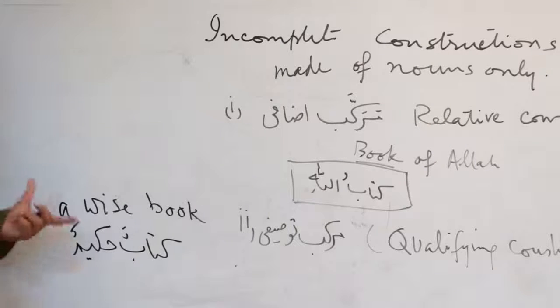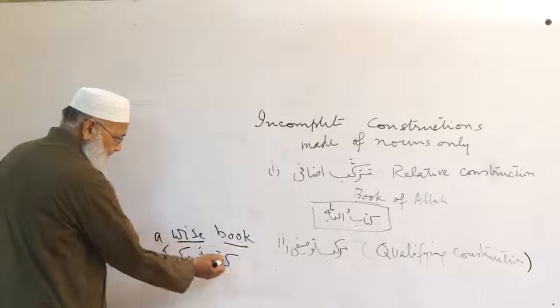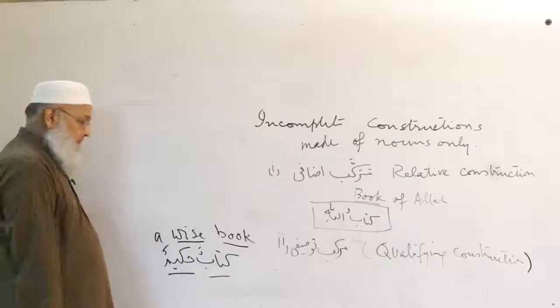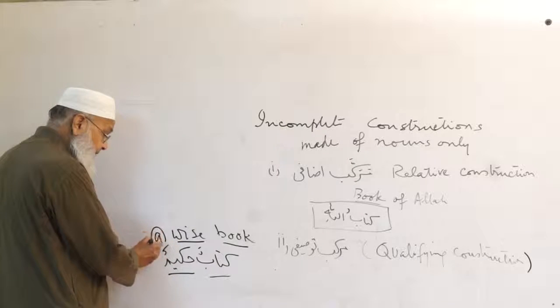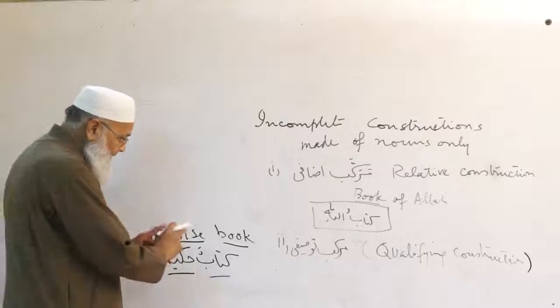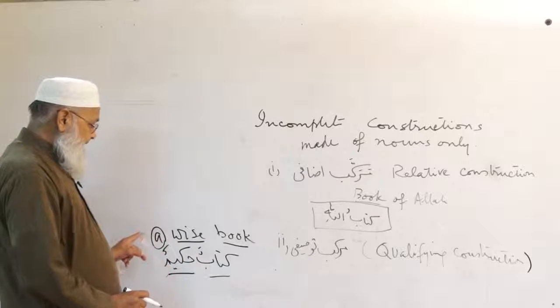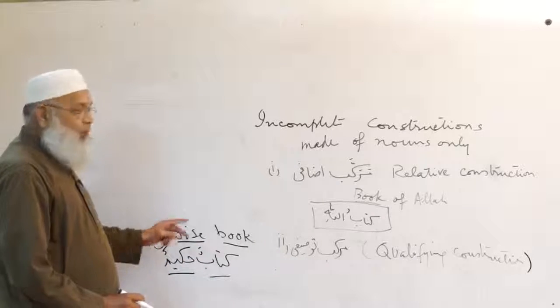Interesting thing just to note that wise is Hakim and book is Kitab. There is no separate word for a. It's only from within the words that since this is nakira or indefinite noun, so the meanings are a wise book.